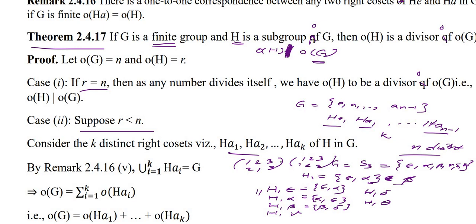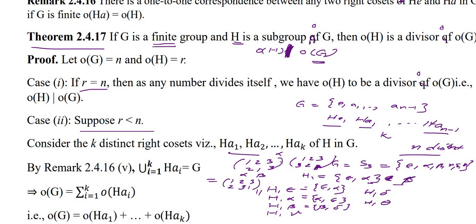When you compute this, 1 is taken to 2, 2 is taken to 3, and so on. Taking alpha and beta, 1 is taken to 3, 3 is taken to 1, 2 is taken to 2.